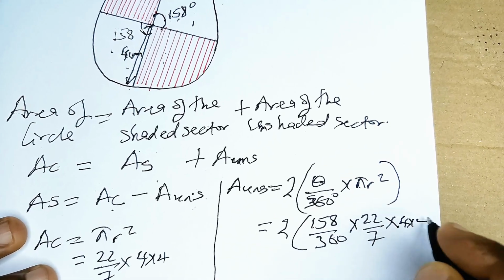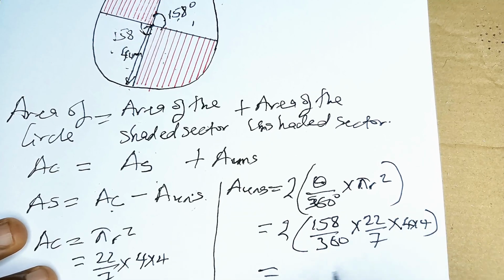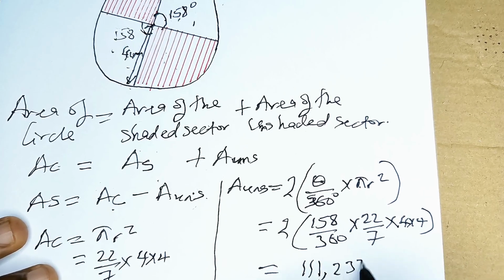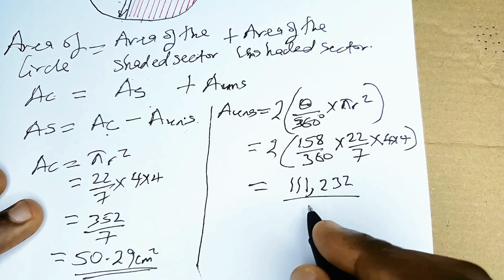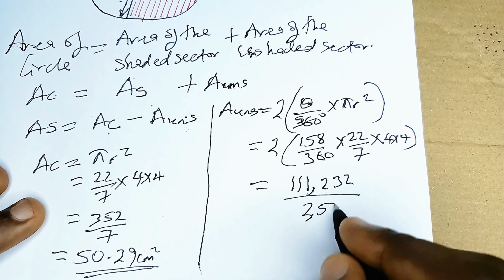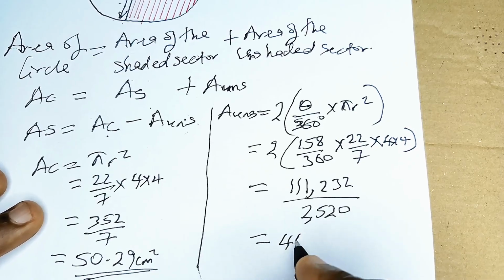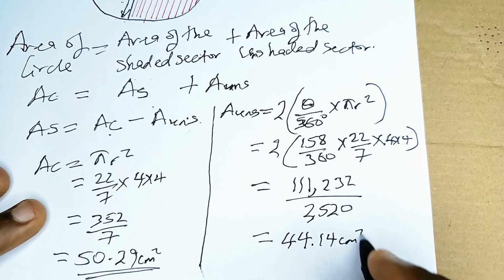That's 4 times 4. So the numerator gives us 111,232, and the denominator gives us 2520. So our final answer is 44.14 square centimeters.